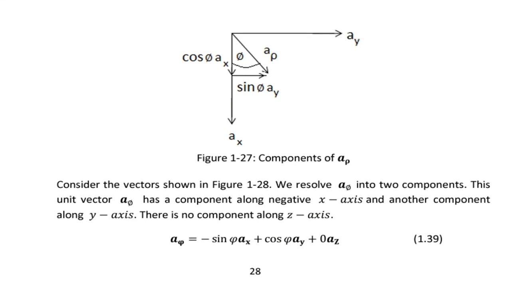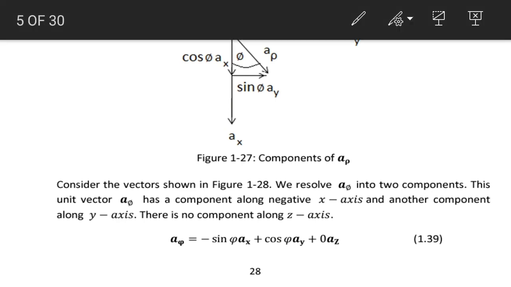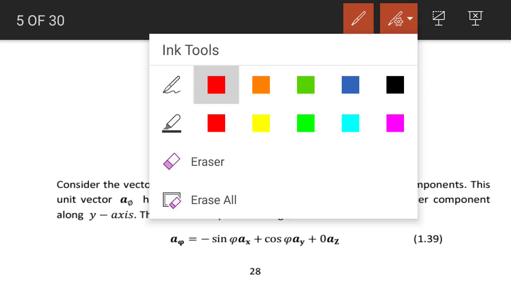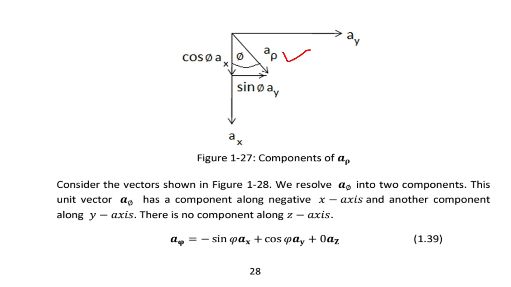We consider the unit vector Ax in figure number 27, the unit vector Ay, and the unit vector A rho. We know that the unit vector A rho makes an angle phi with respect to x-axis.